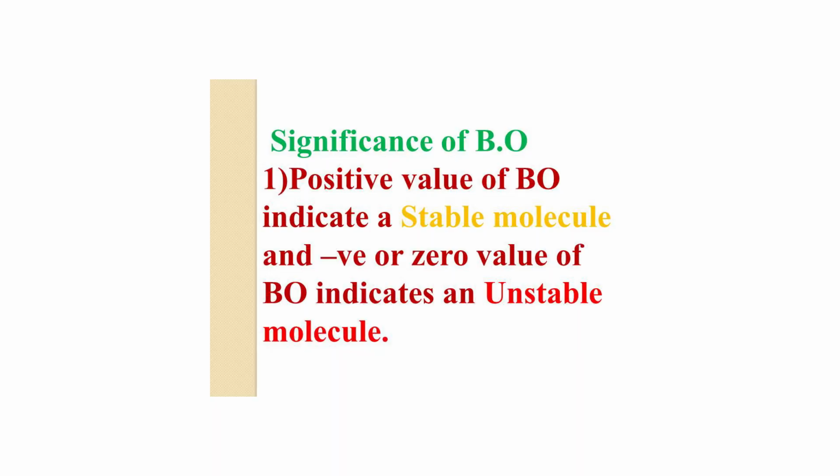Students, can you give the significance of bond order? The first significance is the positive value. If bond order has positive value, the molecule is stable. What about the negative or 0 value the bond order has? Negative or 0 value of bond order indicates the molecule is unstable.